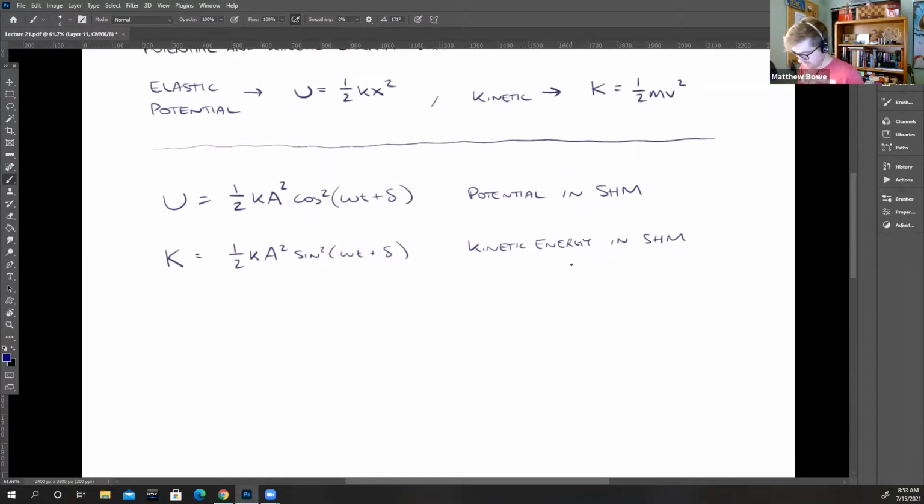All right. And just like before, the total mechanical energy is just adding up all of the available energy of the system.